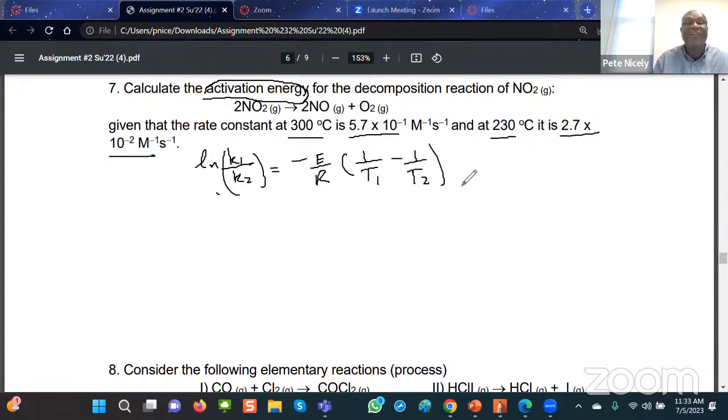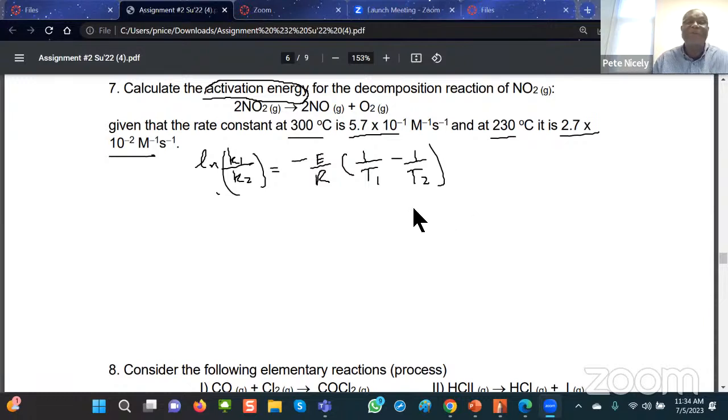That would be the form of the equation I would be using. So basically what it comes down to is identifying the different terms according to the question. So here's where you're going to come in. You're going to tell me what is what in order to answer this question.